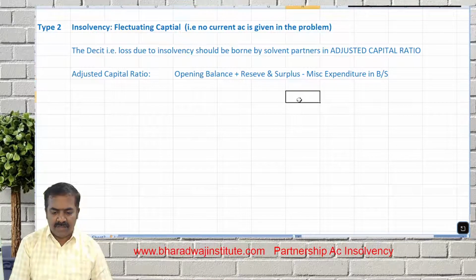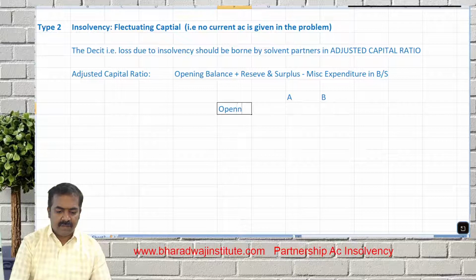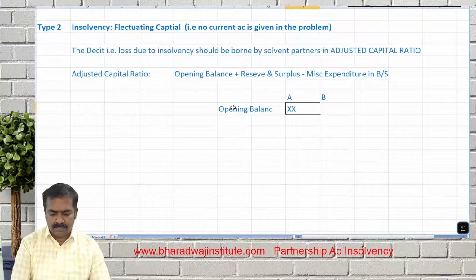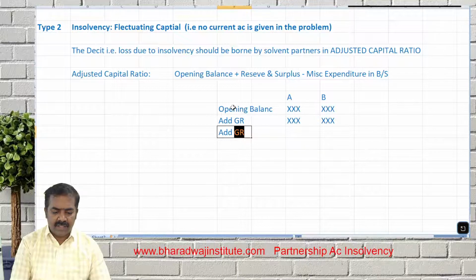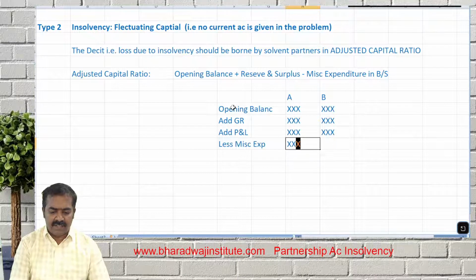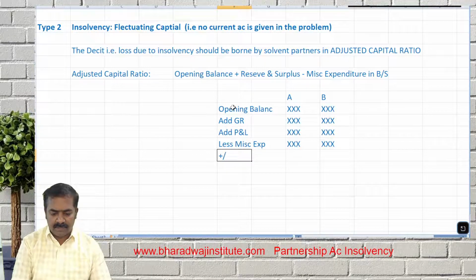Simple, let us assume there are two solvent partners. We will take which one? Opening balance. Add which one? Share of general reserve. Add share of P&L account or any other reserve. Less which one? Miscellaneous expenditure. And we will adjust for errors also.